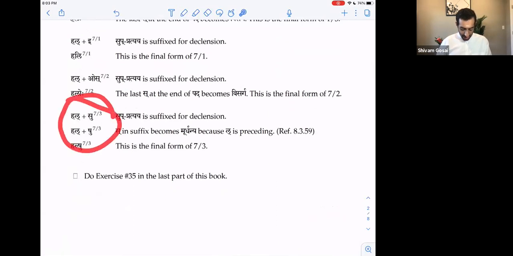The only difference you see in 7-3 is that you get murdhanya sandhi, and it becomes shakara, and so it becomes halushu. At-kupu is what we need to remember. At-kupu. What is preceding at, ku, or pu?